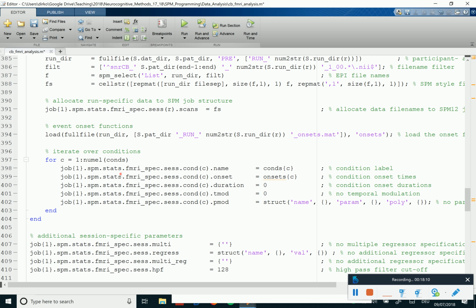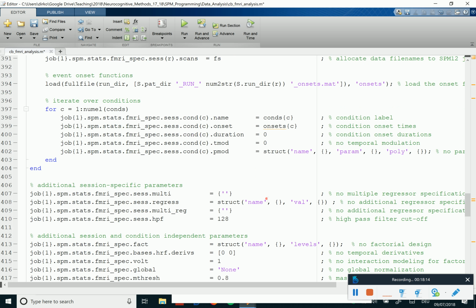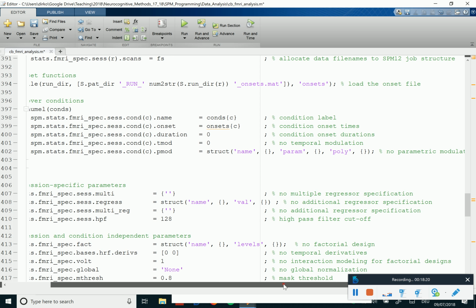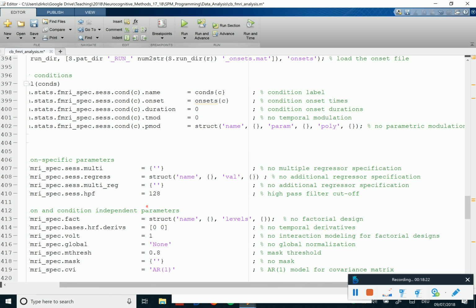So this then gets specified here, and then there are some additional parameters which are all commented on here, which are all default values. So if one uses the GUI, then one doesn't have to do anything.